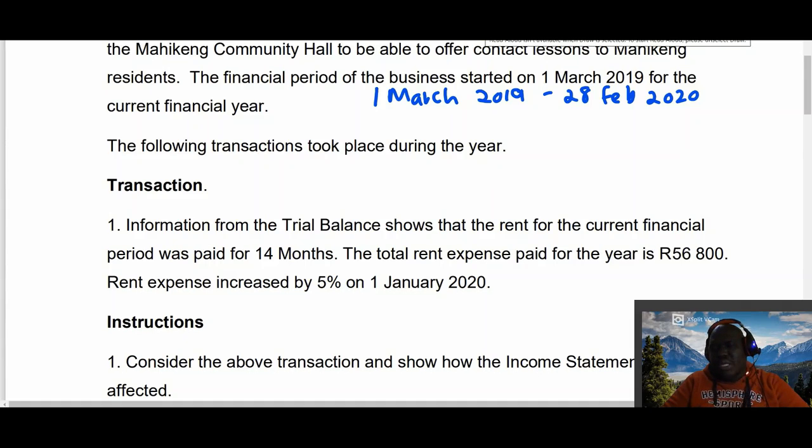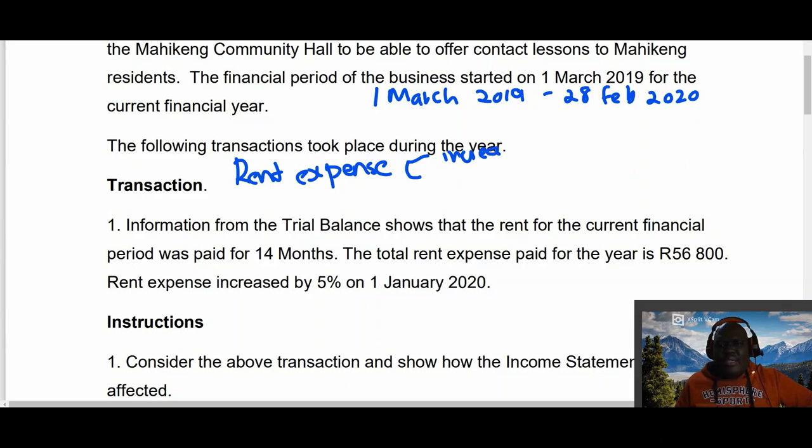And one thing that you also need to be aware of is that when you deal with a transaction that relates to rent expense, you must be able to know how to deal with it. If there's an increase in rent, you must know how to deal with that particular transaction.